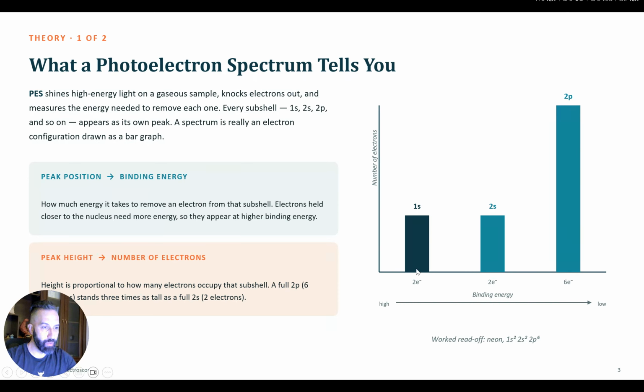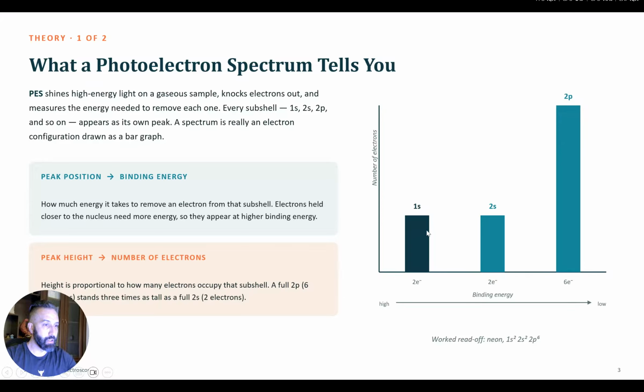So this is 1s, this is 2s, this is 2p, and if we had another one, that would have been 3s. So they go in order. The peaks here represent the sublevels. One more time, we'll go 1s2, 2s2, 2p6, 3s2, 3p6, and so on.